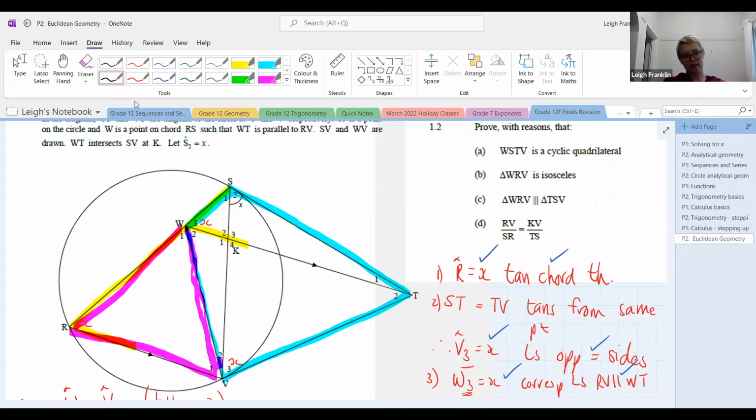So now looking at the diagram, you've just proved that the quad is cyclic. So you can work with angles in the same segment. What connections do you see? Either W1 is X or V1 is X. Which one and why?